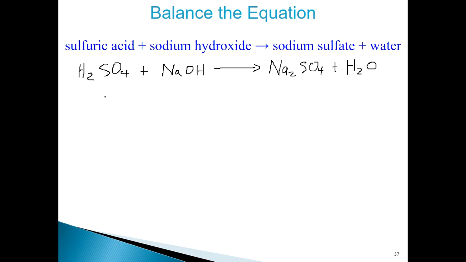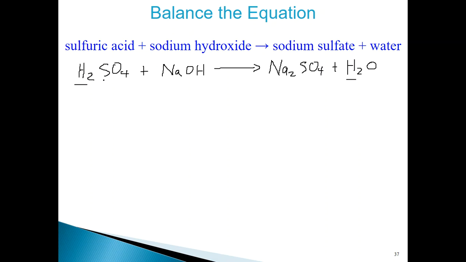We have not done anything to ensure that the number of atoms of each element are the same on both sides. So let's start off by looking at the hydrogens, and you'll notice that on the left side we have 2 hydrogens here. On the right side we have 2 hydrogens. So the hydrogens are okay. Now in this particular situation, very often you'll see where a particular polyatomic ion exists as a unit on both sides, right?